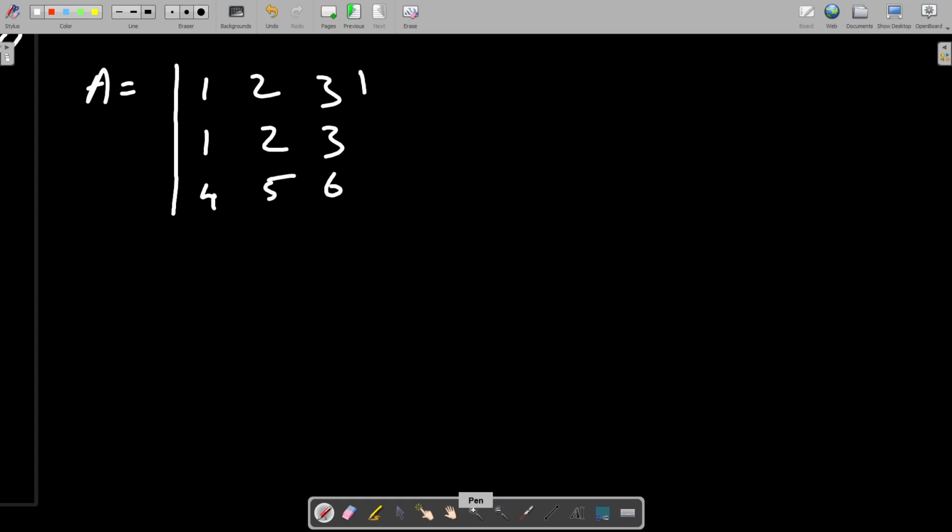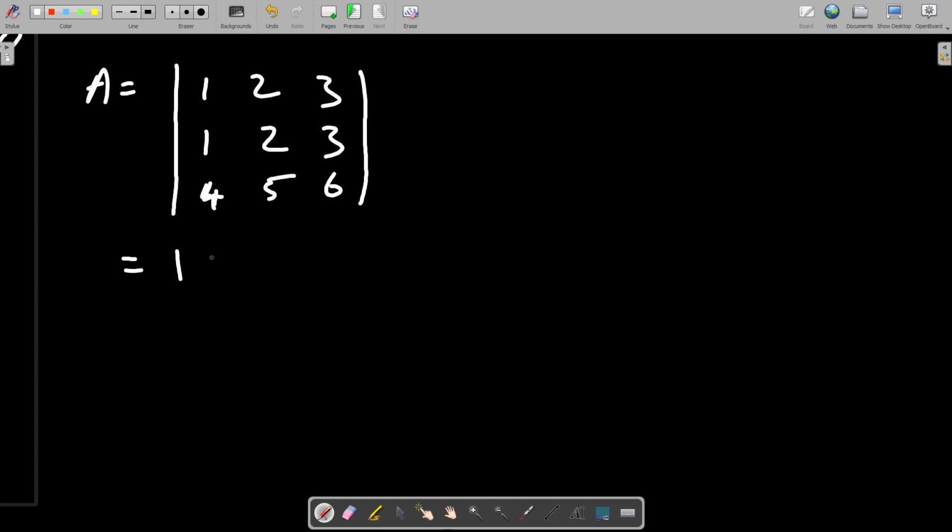For the second property example, just consider this A, 1 2 3, 1 2 3, and here you can put 4 5 6. Two rows are identical over here, right? So let me verify this thing.